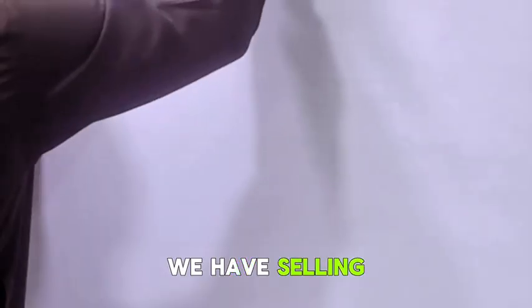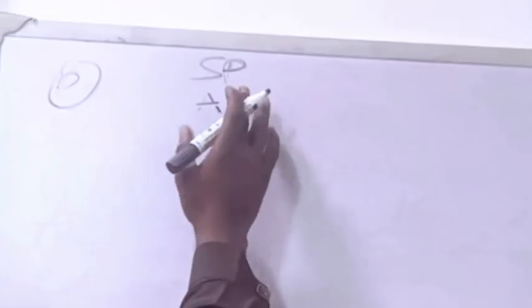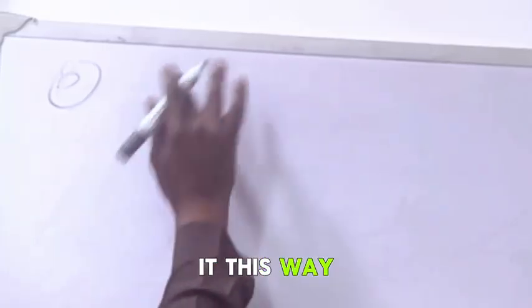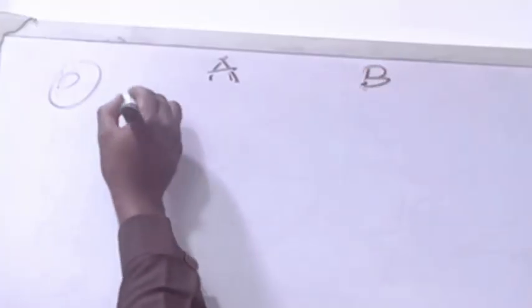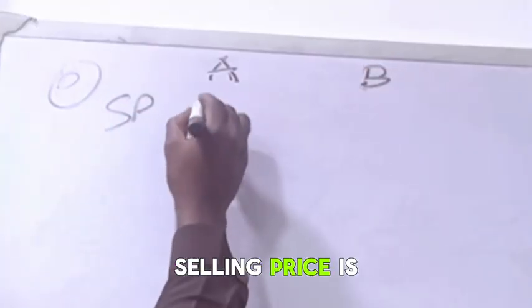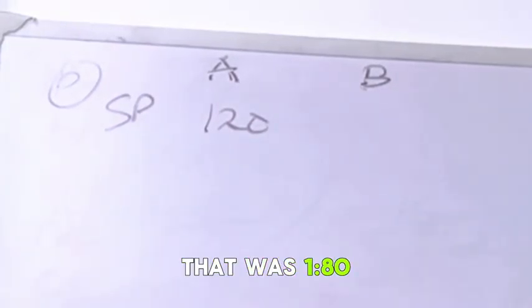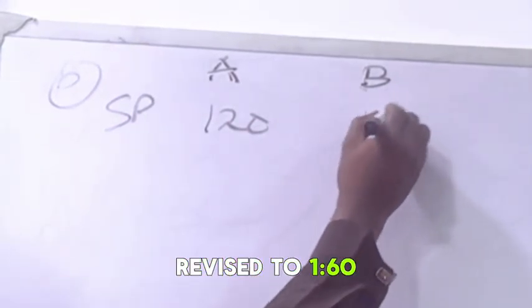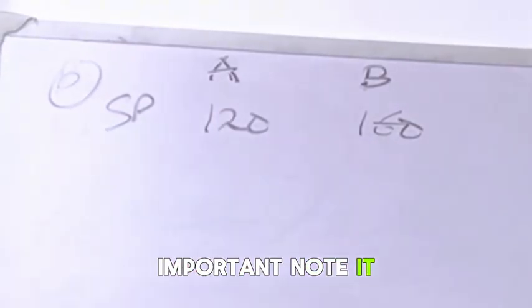Let's say A, and then this is B. Selling price of A is 120. But B, that was 180 before, is now revised to 160. This is very important. Note it.